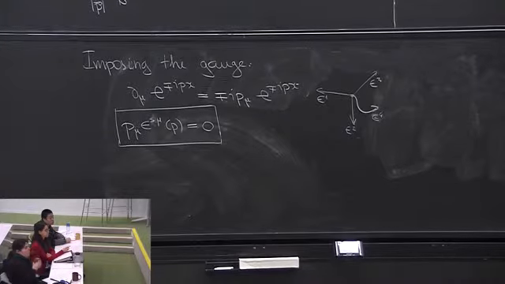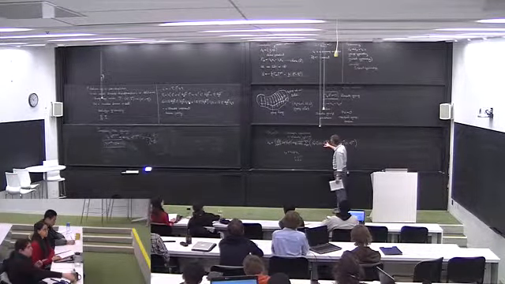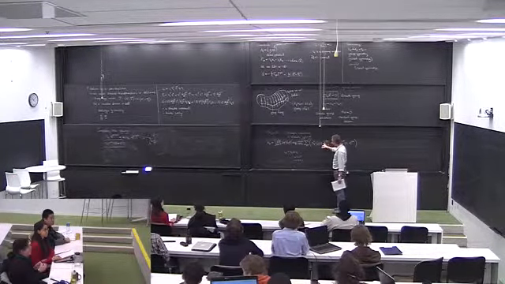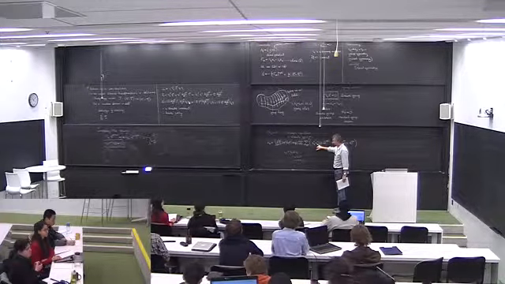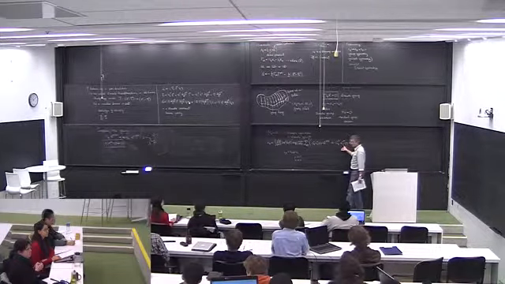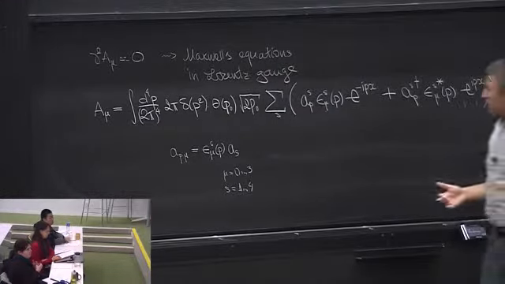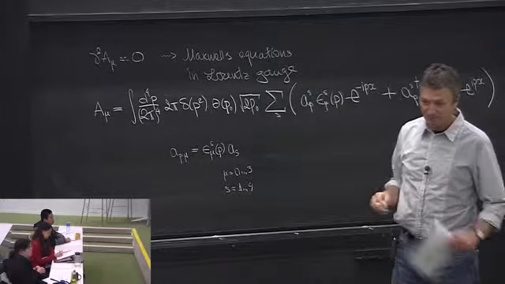The only places where x appears are here and there. So when I differentiate this in x, I get minus ip mu that multiplies this, and it contracts with this index on epsilon. The same is here, but the epsilon is also the same. So the derivative will vanish if that condition is satisfied.